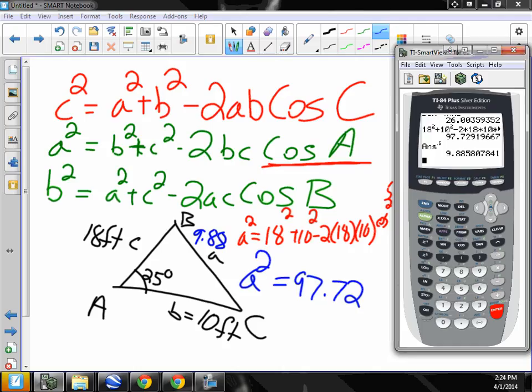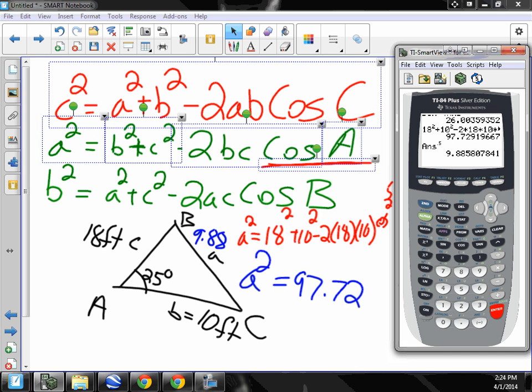How would I find angle B? I'd use the third equation because that's the one that has the cosine of B. So I'm going to erase the top two equations. Get rid of those.